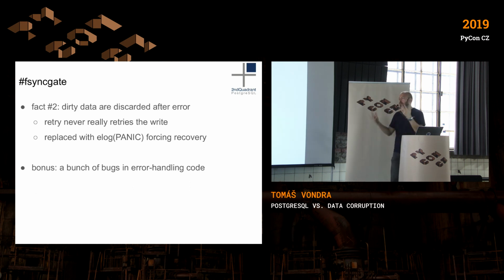And obviously, when we've been fixing this, because we had to rework how Postgres responds to the error from fsync, we ran into a bunch of issues in the Postgres code, which illustrates the fact that error handling is one of the least tested parts of any code base.